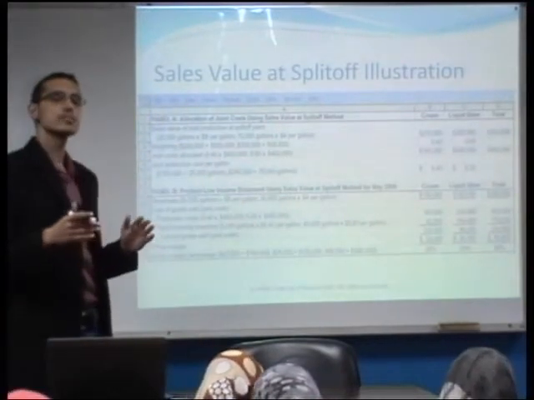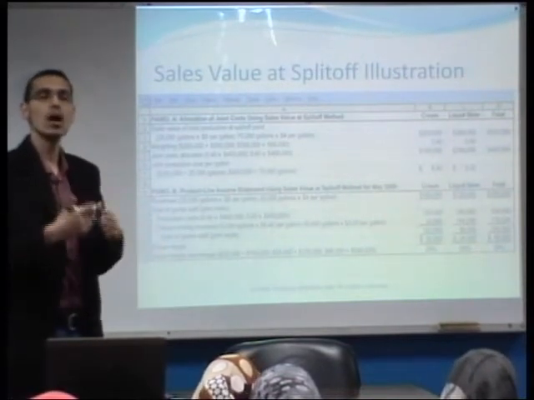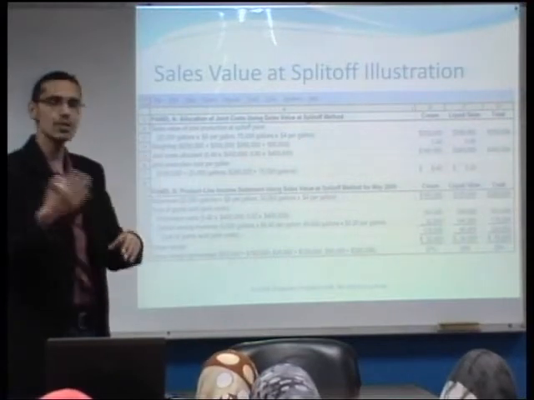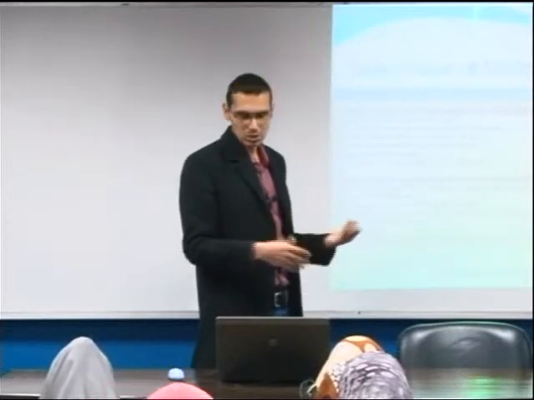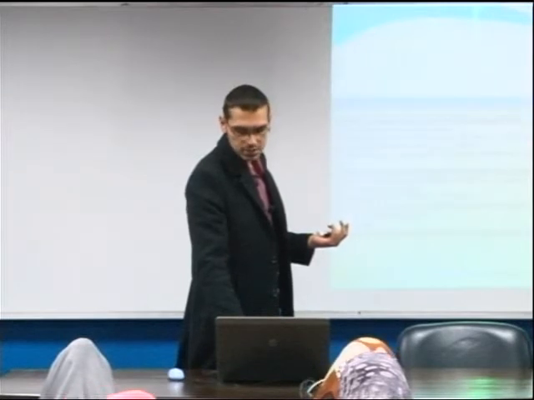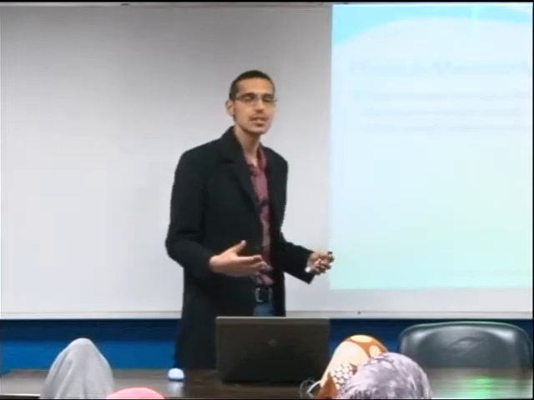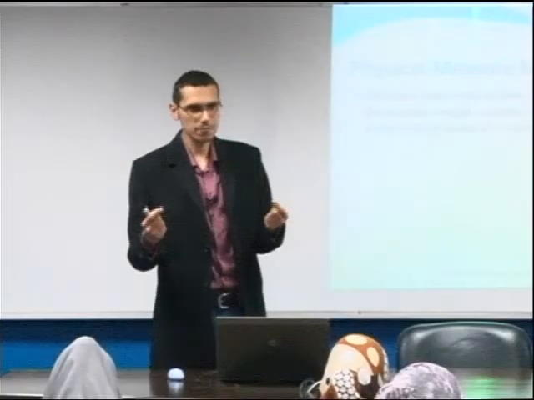Now let us use the same example to see how we are going to allocate the joint costs onto the cream and the liquid skim using the physical measure. So, what do you think, how are we going to use the physical measure? What do you think the basis here is in order to allocate our joint costs? As the method says, we are going to use the physical measures.